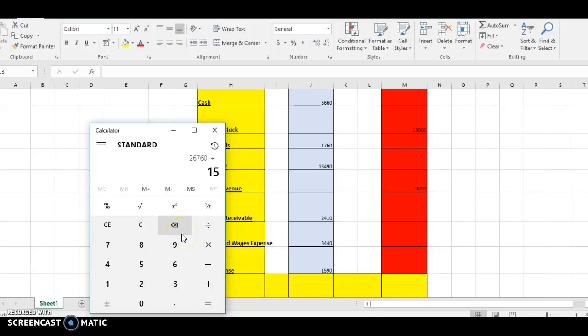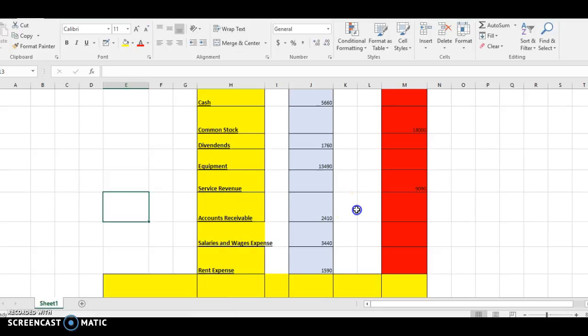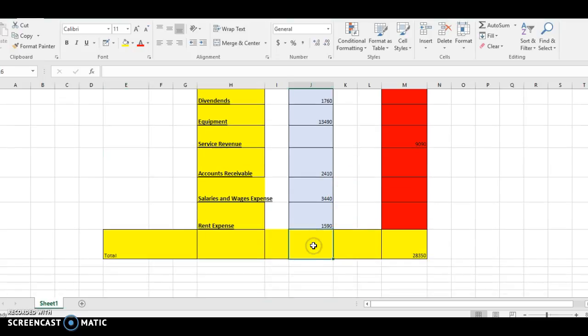That gives $28,350. Enter. So we see that our totals are the same and that they equal each other out.